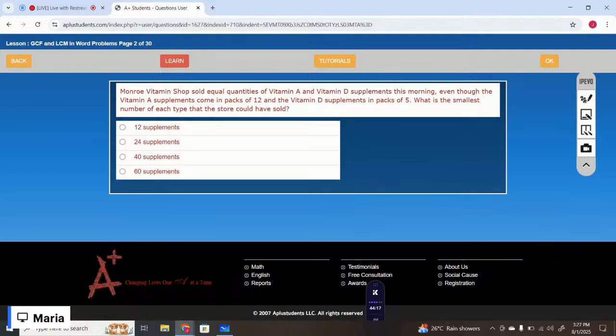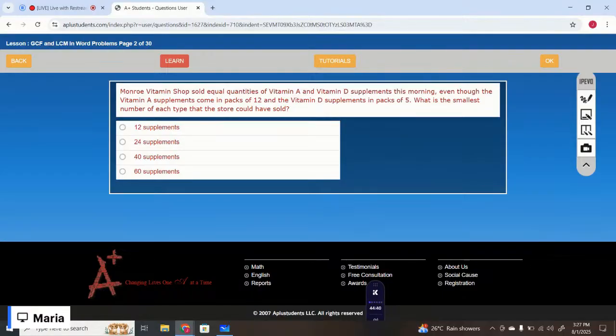Monroe Vitamin Shop sold equal quantities of vitamin A and vitamin D supplements this morning, even though the vitamin A supplements come in packs of 12 and vitamin D supplements are in packs of 5. What is the smallest number of each type that the store could have sold?